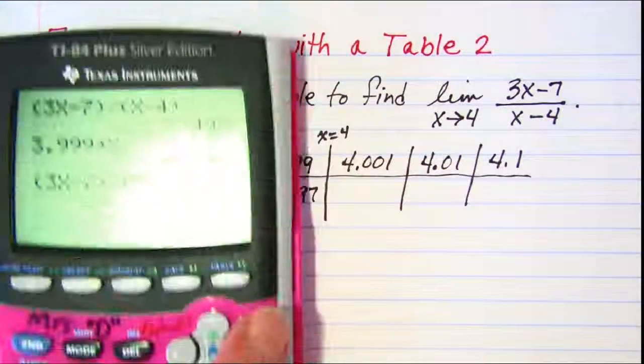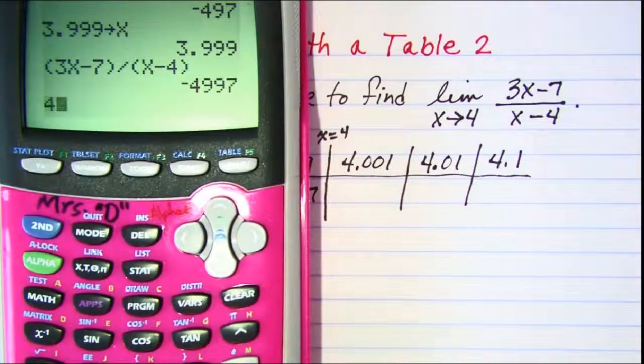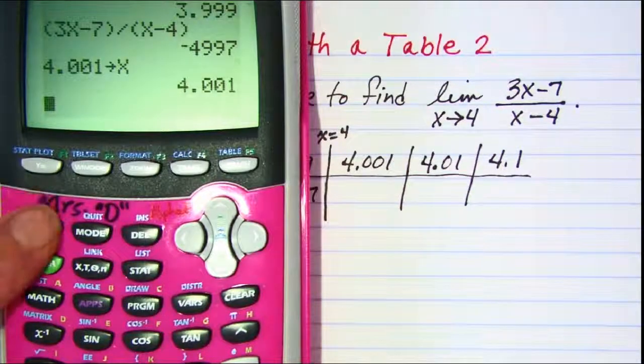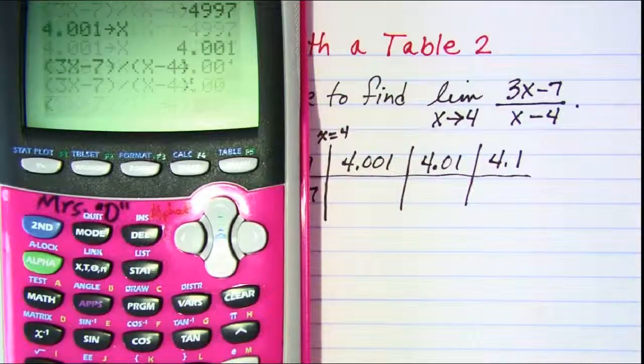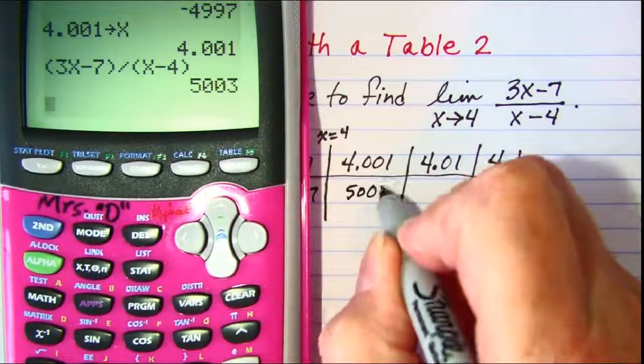Let me do 4.001, store x, second, enter, and we have 5,003.